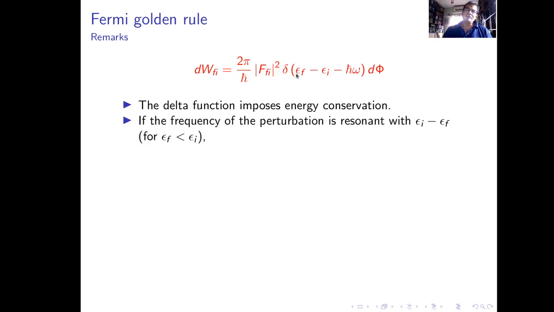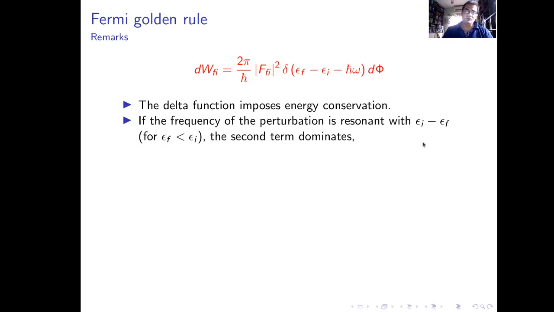Okay, of course, this result was for the situation where epsilon I was less than epsilon f, the final energy was more. If the final energy is less, then epsilon I minus epsilon f close to h cross omega will give you the other resonant term, which is the second term in our expression that we wrote down earlier.